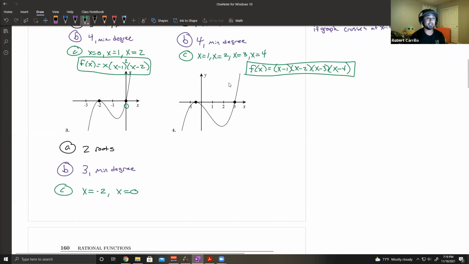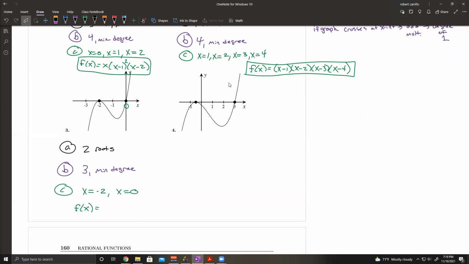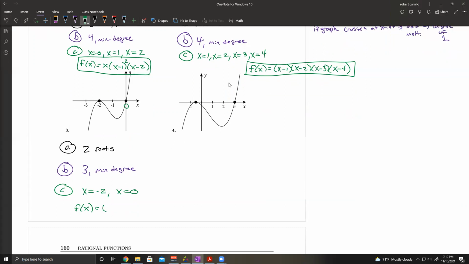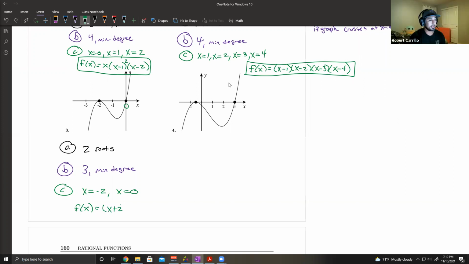Now let's put it into factored form. What would I write? f of x equals, x minus 2? Well, if that's a -2, then the sign's going to be opposite, right? So it should be x plus 2.